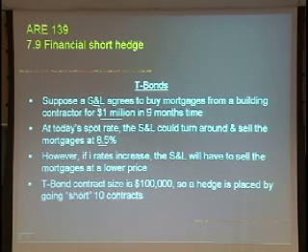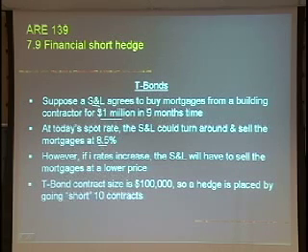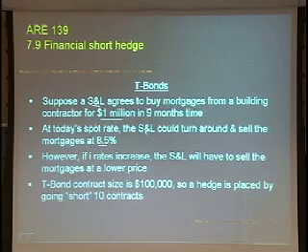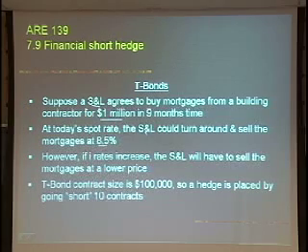The bank is perfectly happy to do that, but most banks who issue mortgages turn around and resell those mortgages, because typically they're for 15 years or 30 years, and the bank will repackage those and sell them into the market.